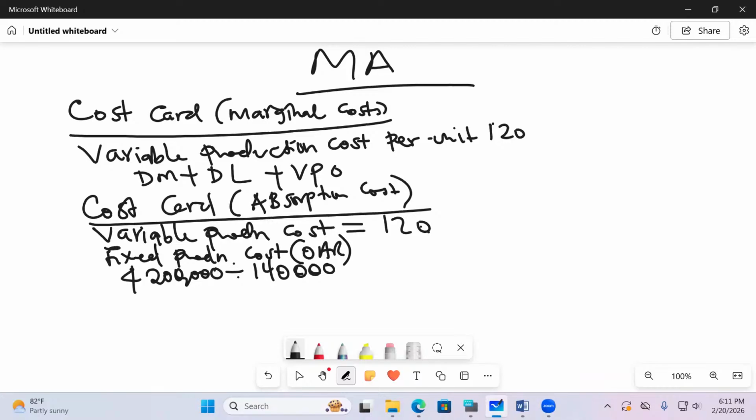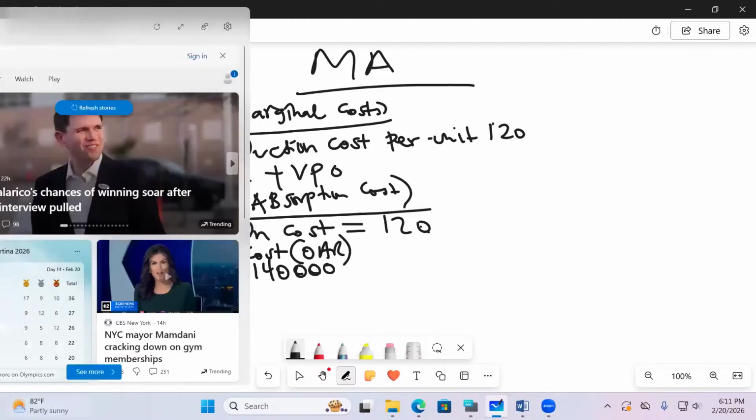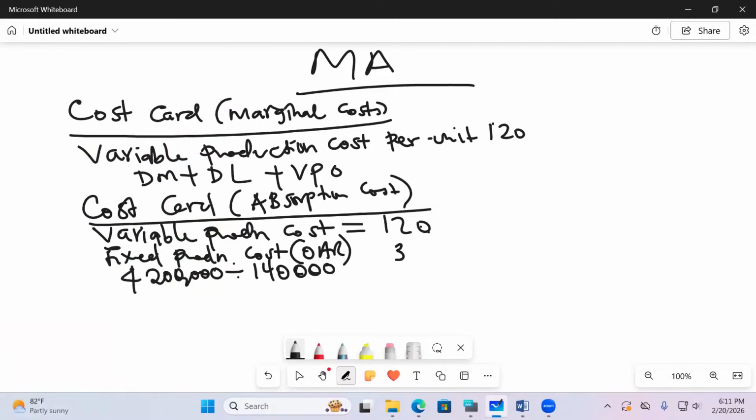So when you take this 4.2 million divided by 140,000, what figure are we getting, somebody here? 30. So when you add this 30 here, you're going to end up with what here, somebody? 150. So basically, this is the full cost per unit here, using the absorption costing method.